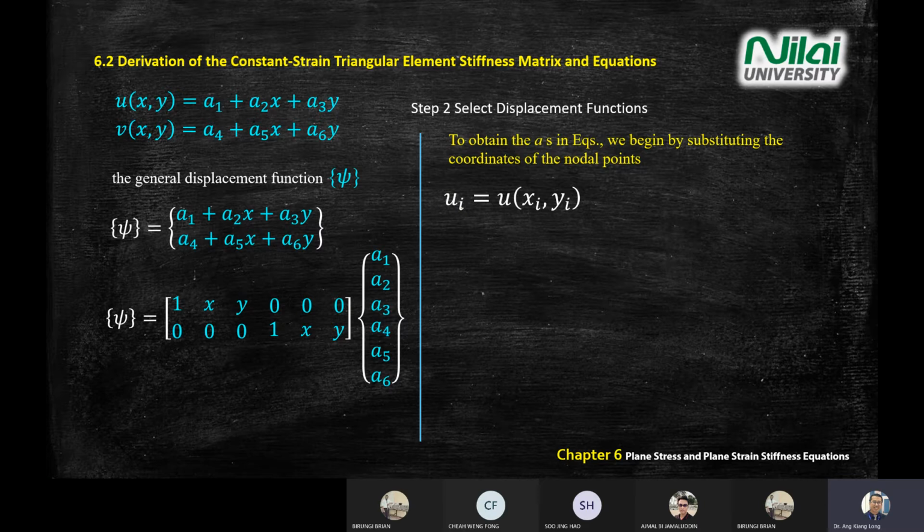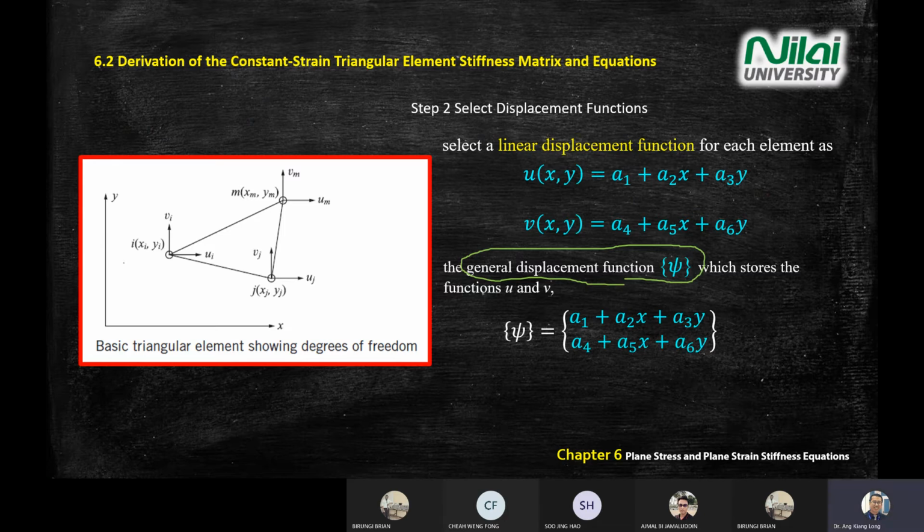For U, we have X and Y directions. So for the I point, I mean this one, you see this one? Ui.